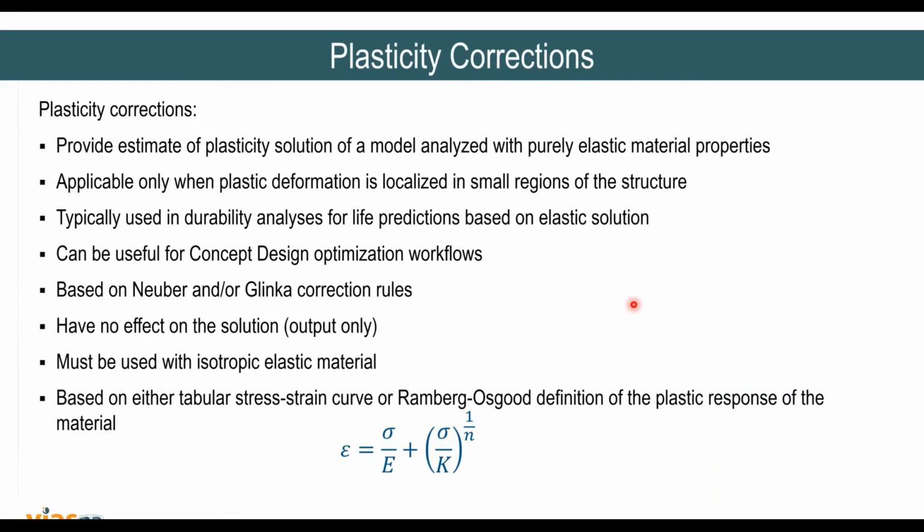Okay, so next we have the plasticity correction. The main purpose of this enhancement is to provide an estimate of the plasticity of the model without using elastoplastic material properties.